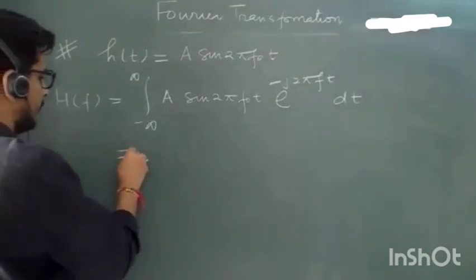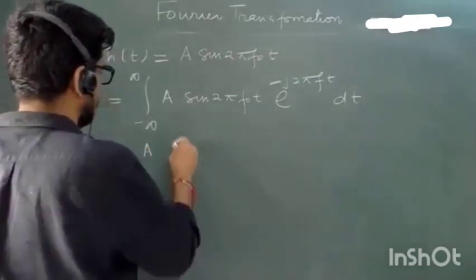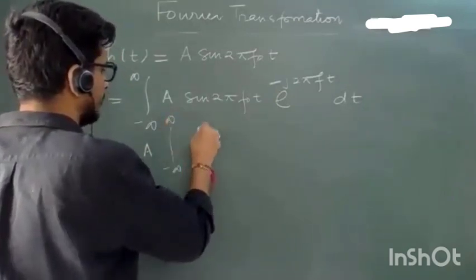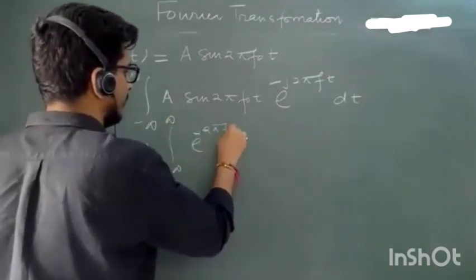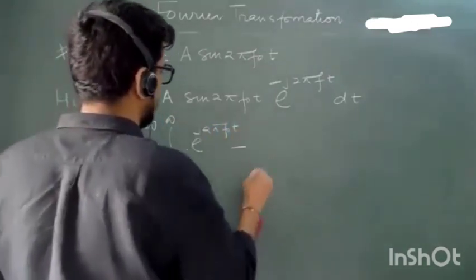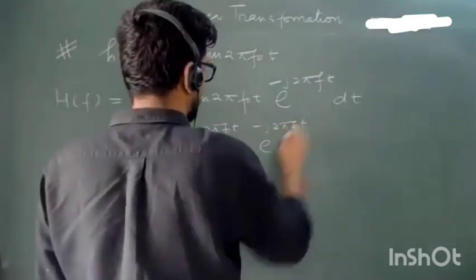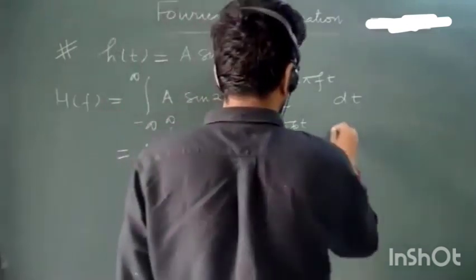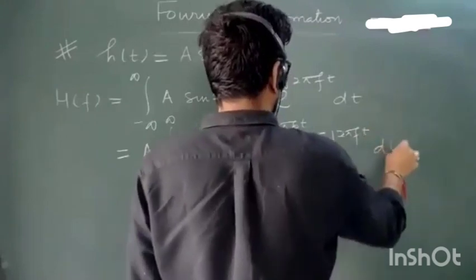So this will be equal to A, I can take outside, and integral minus infinity to plus infinity e to the power j 2 pi f naught t minus e to the power minus j 2 pi f naught t by 2j into e to the power minus j 2 pi f t dt.